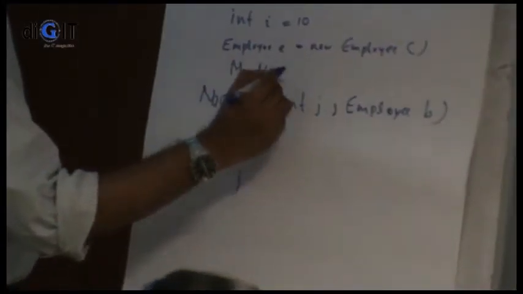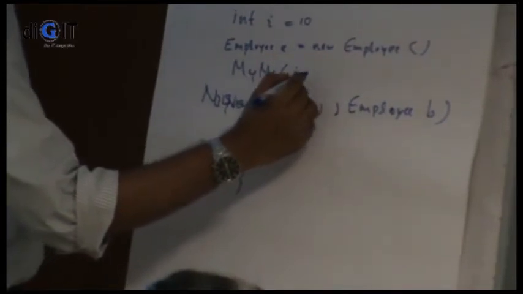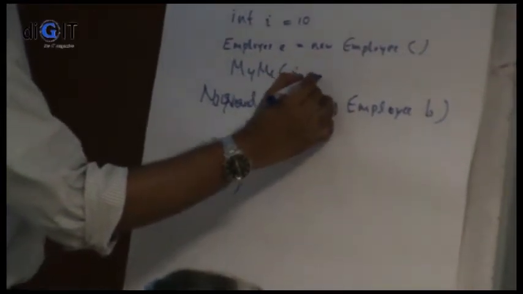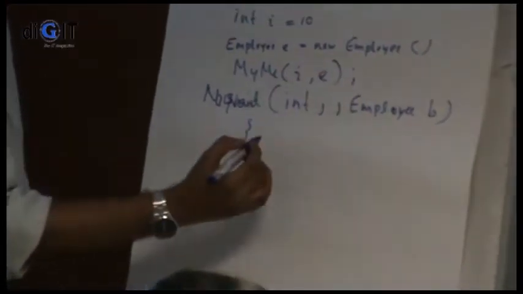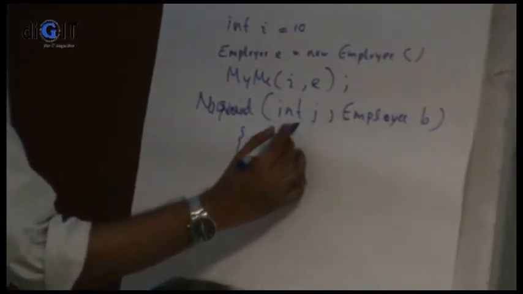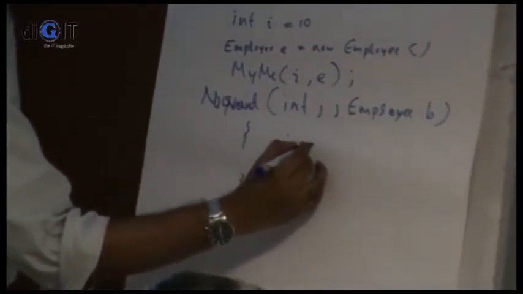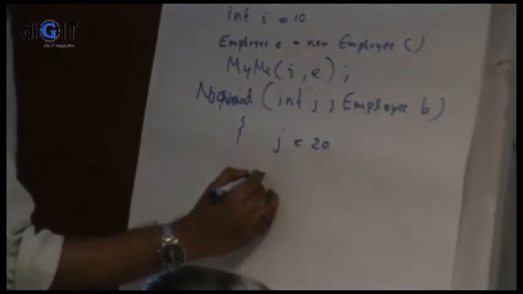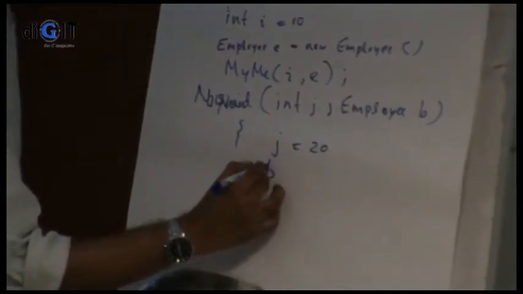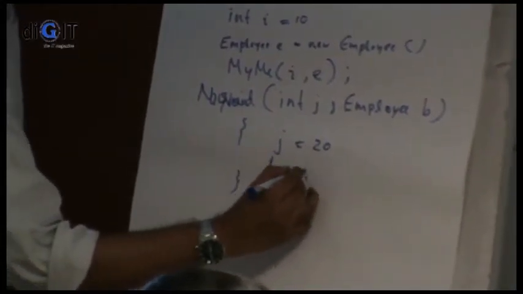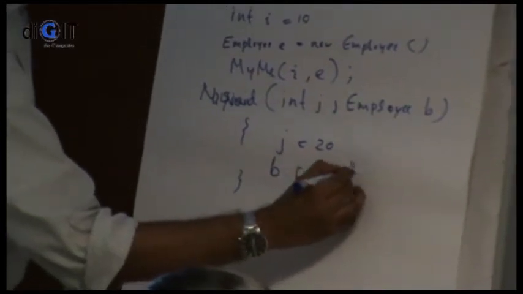The difference is, let's say I'm calling MyMethod, passing i and e. And here I am setting j equals 20 and e.first equals Charlie.